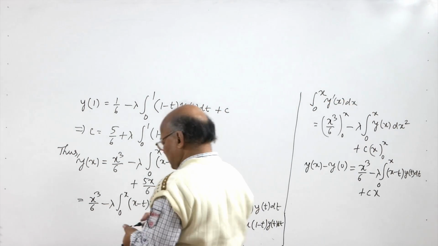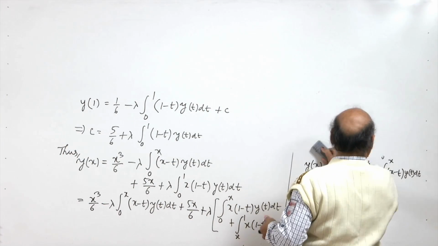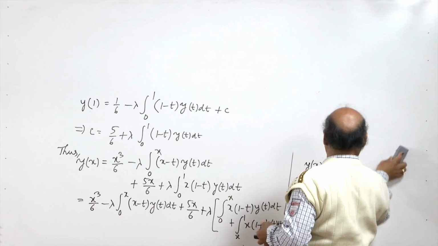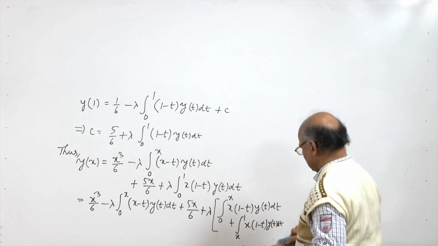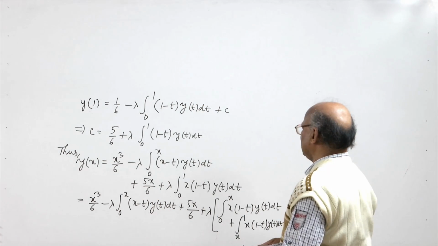What we will do is we will combine the two integrals where the limits of integration are 0 to x.